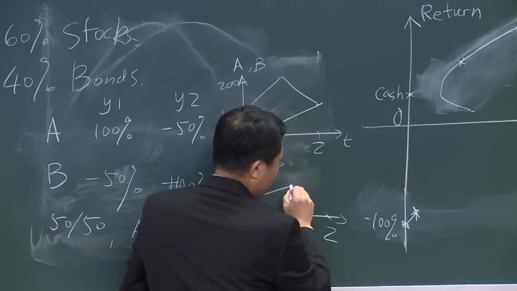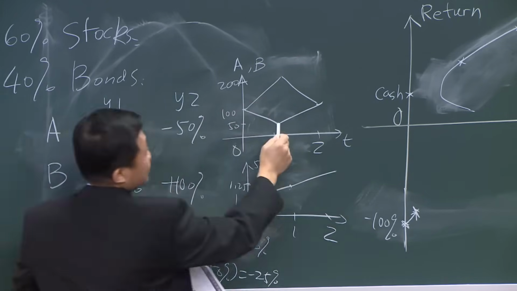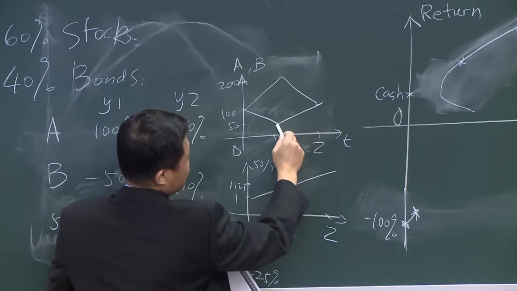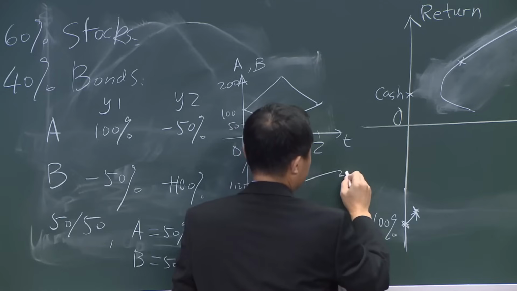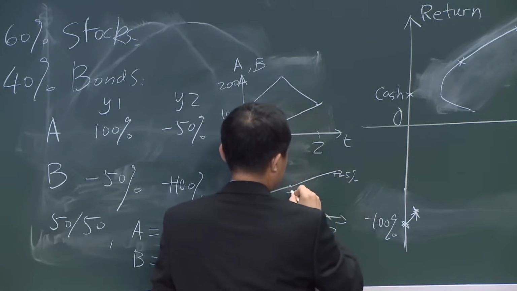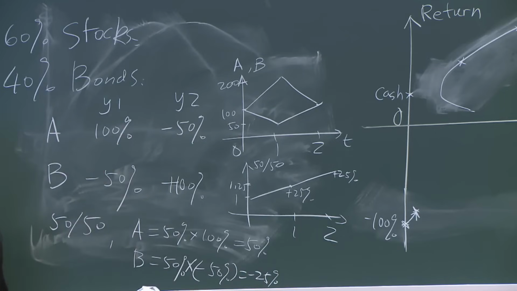But what happens in the following year, when you have this move, this comes back 50%, this goes up 100%. You return another 25% positively without the volatility. So you have a straight line.